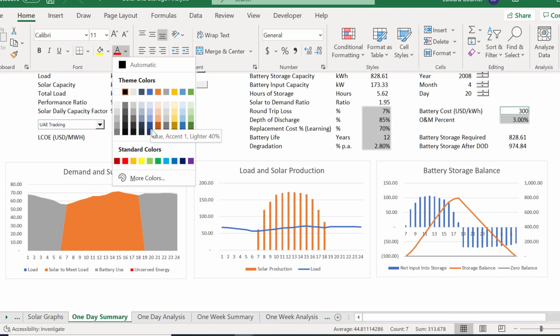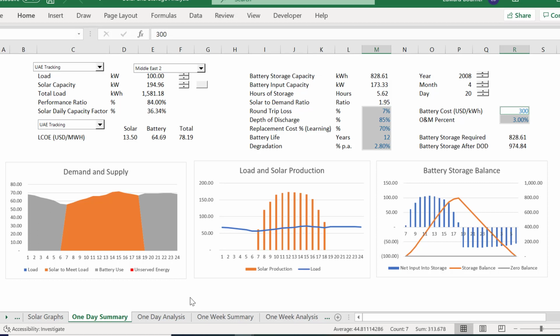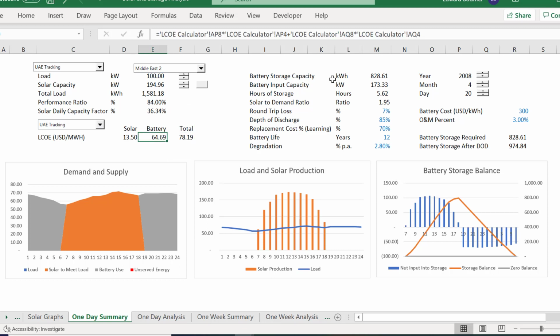That's too light blue, isn't it? That's too dark blue. Good, this is going to be good enough. Okay, there we go. I'm going to be able to change all of these things and then see what the cost of the battery is.